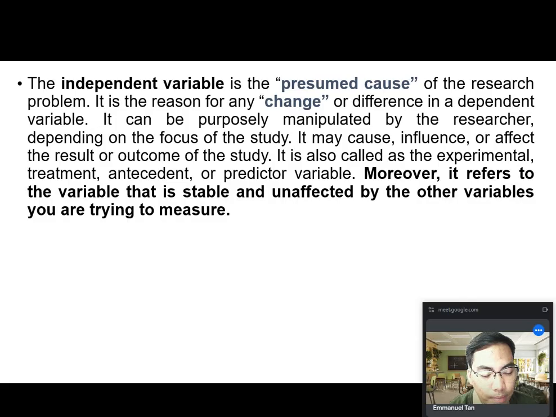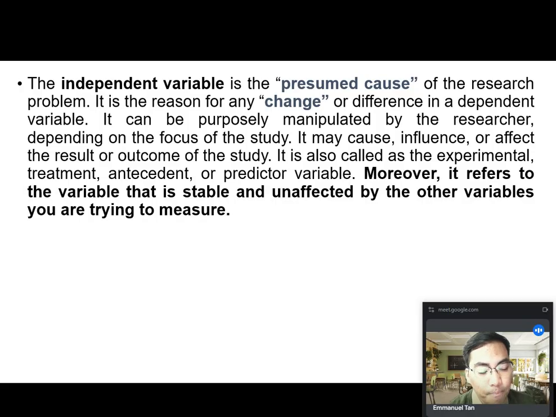Now, if there are changes in the independent variable, you expect that there would be changes to the next variable. It could be the dependent variable, of course, and the mediating, the moderating, or the intervening variables. Okay, so it can be purposely manipulated by the researcher, of course, depending on the focus of the study.